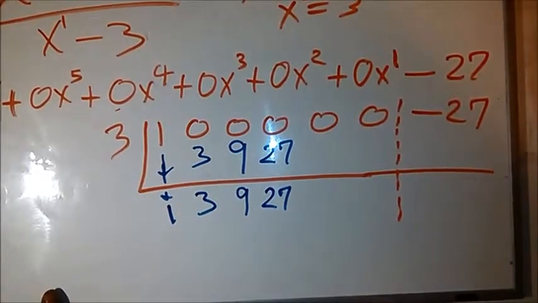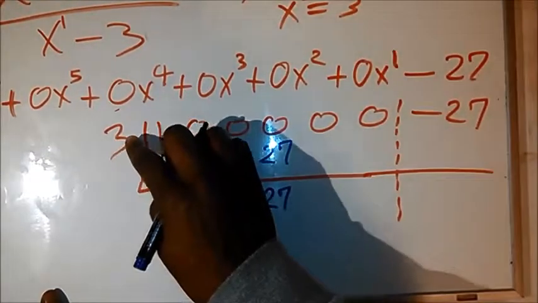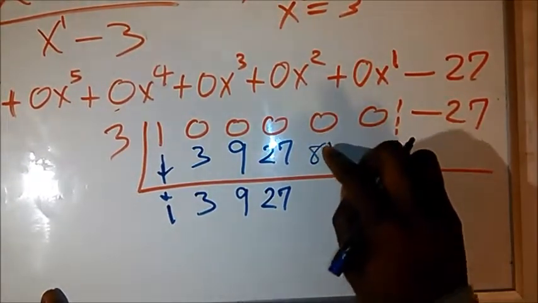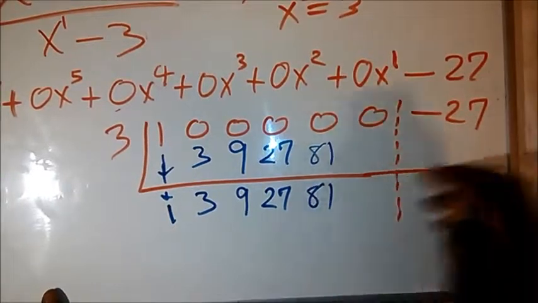Now 27 times 3 is going to be 81. 81 plus 0 is 81.